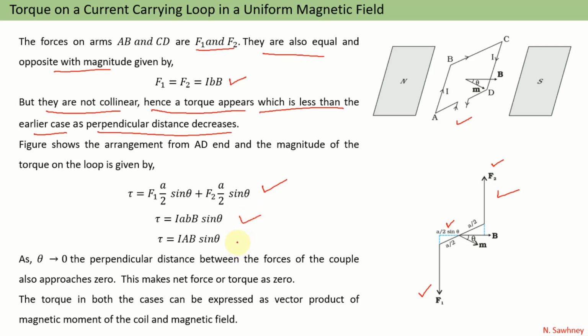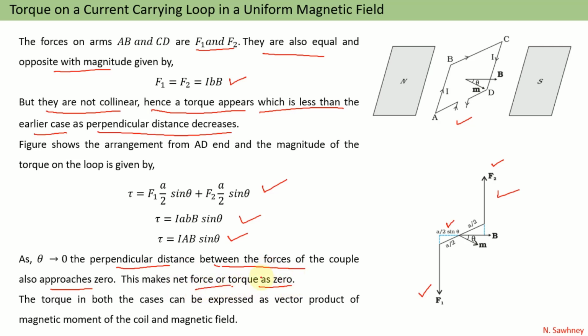Rearranging the terms and writing in terms of the area of the loop, it will come as I A B sine theta. So as theta approaches 0, the perpendicular distance between the forces of the couple also approaches 0. This makes the net torque 0.